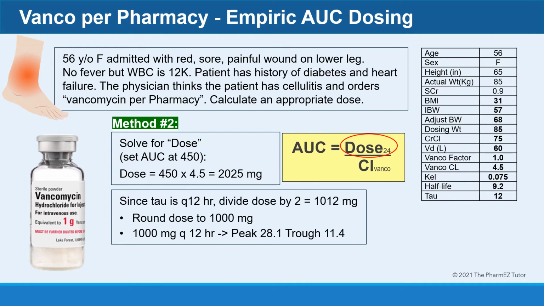Since the tau is Q12 hours, we divide the dose by 2, and we get 1,012 milligrams, so we'll round the dose to 1,000 milligrams and get a dose of 1,000 milligrams every 12 hours, which will give us the same peak of 28 and a trough of 11.4. Also, don't forget to give a loading dose of 1,750 milligrams.